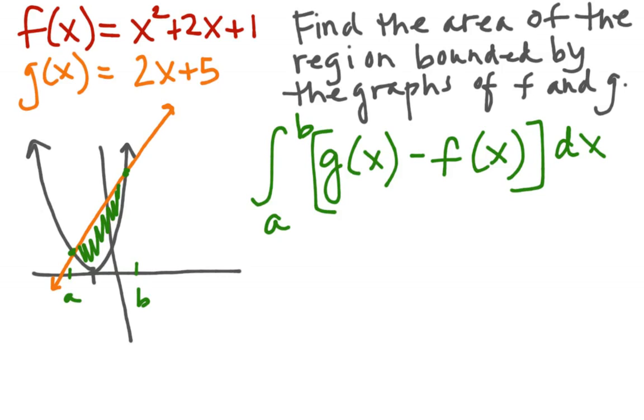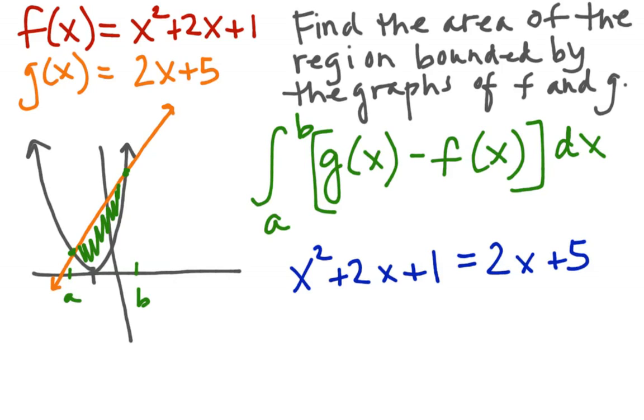Alright, so I'll leave you with that open-ended question. Let's figure out the values of a and b. Well, in order to figure a and b, those are the points of intersection. So I am going to find where these two functions intersect. x squared plus 2x plus 1 equals 2x plus 5. So this is for intersection points.